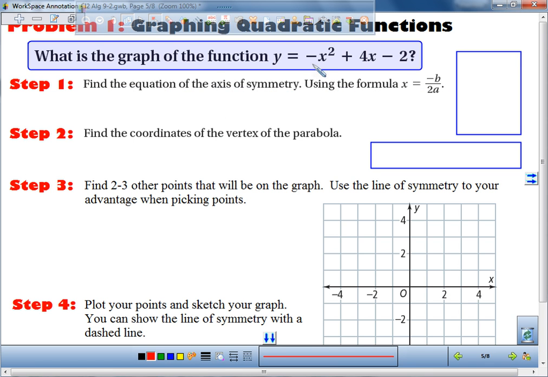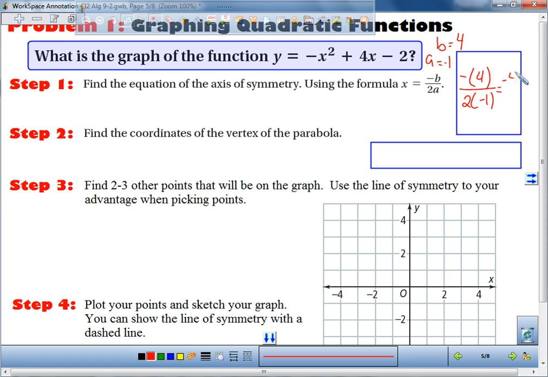So what is the graph of negative x squared plus 4x minus 2? Well, we use negative b over 2a to find the x-coordinate. So b is 4 and a is negative 1. Right here is a, and if there's no number, it's always 1 because we have the variable there, so it's negative 1. So now we have negative 4 over 2 times negative 1.